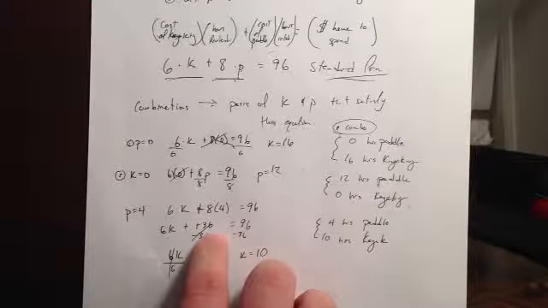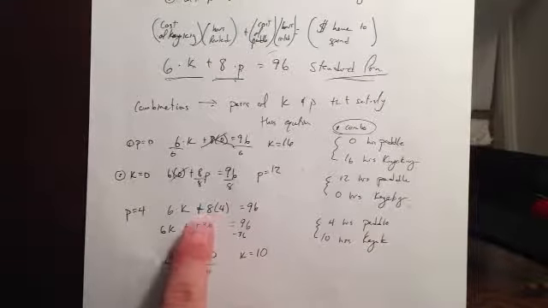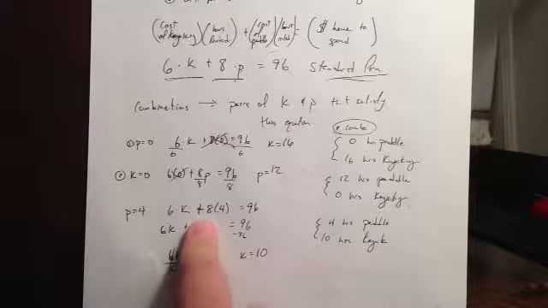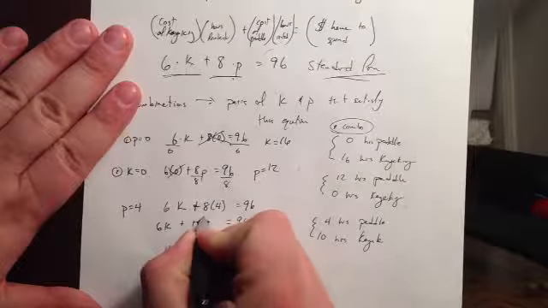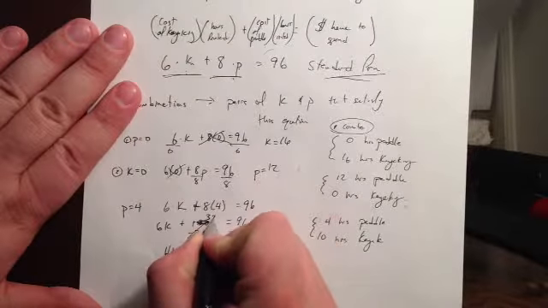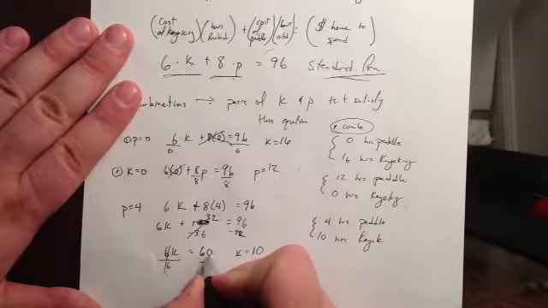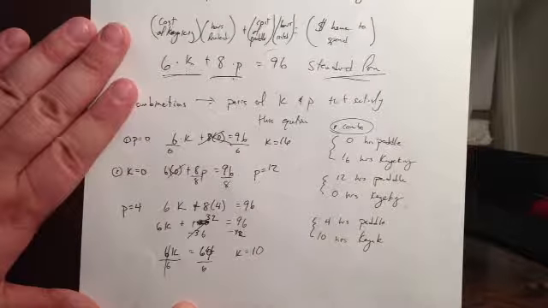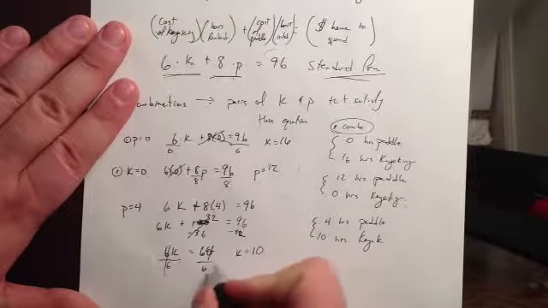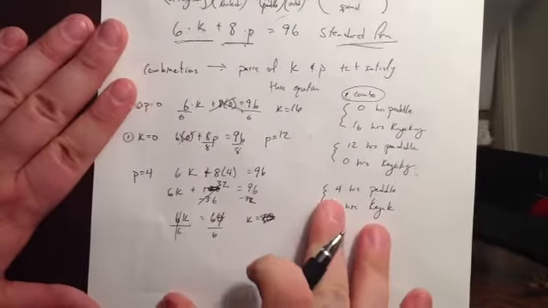If I chose 4, I could plug in 4 and get 8 times 4 is in fact not 36, but 32. Subtract 32. I get 6K is 64. Divide both sides by 6 and get 64 divided by 6.